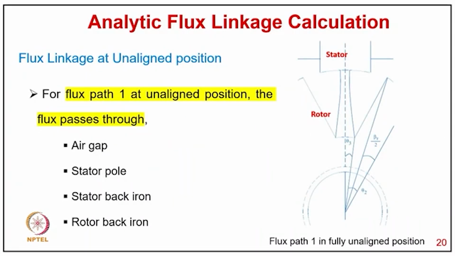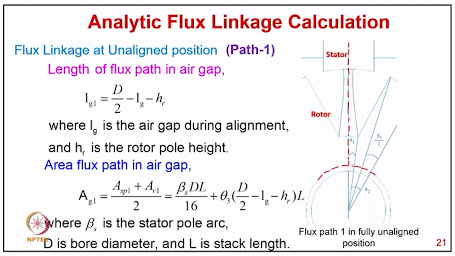Now coming to flux path 1 at aligned position, as you can see in the diagram, the flux path goes through the air gap, stator pole, stator back iron and rotor pole back iron. So it actually passes through 4 parts. The length of the flux path in the air gap is Lg1 equal to d by 2 minus Lg minus Hr, where Lg is the air gap during alignment and Hr is the rotor pole height.